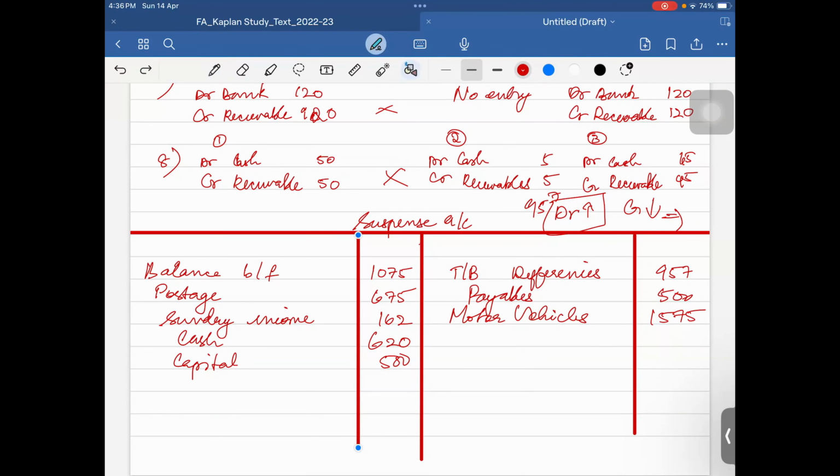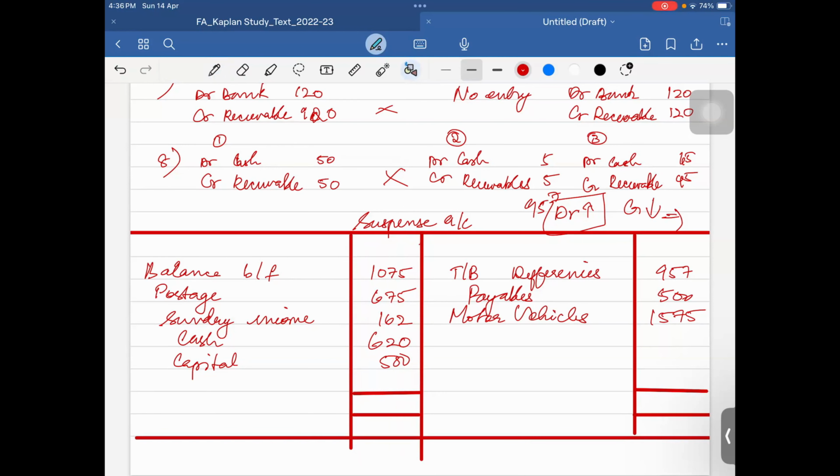Clear? Let's see. 1075 plus 675 plus 162 plus 620 plus 500.